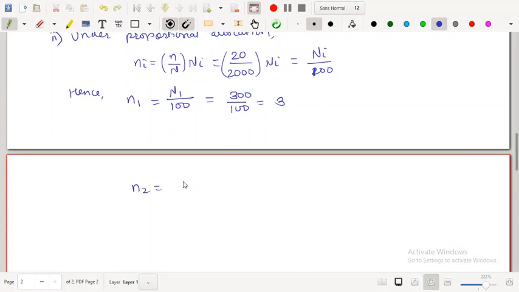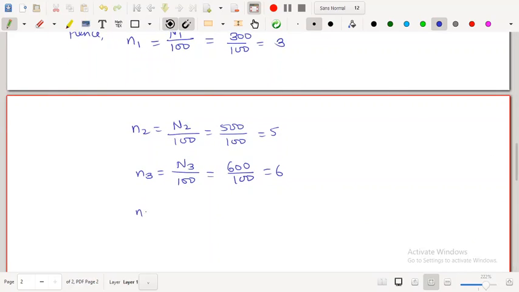Similarly, obtain n2, put i equal to 2, and this will be N2 upon 100. N2 is 500, so 500 upon 100 will be 5. Similarly, n3 will be capital N3 upon 100, and capital N3 is 600, so 600 upon 100, which is 6.